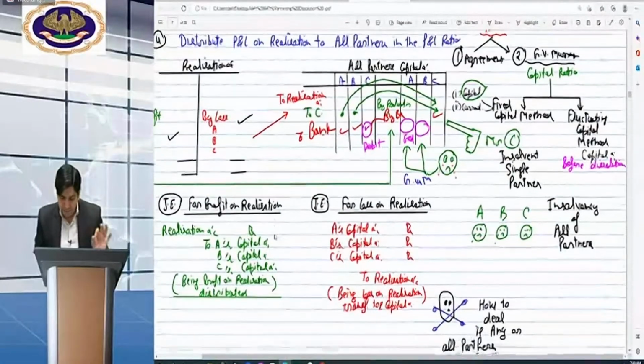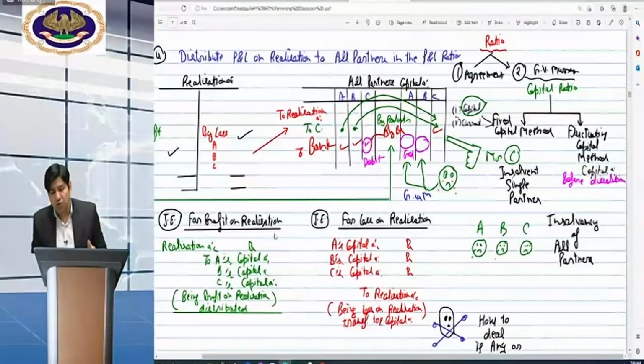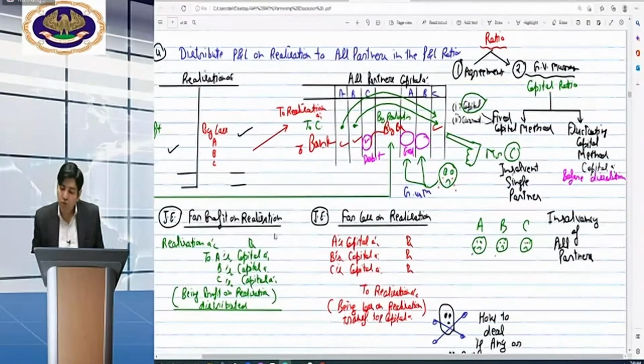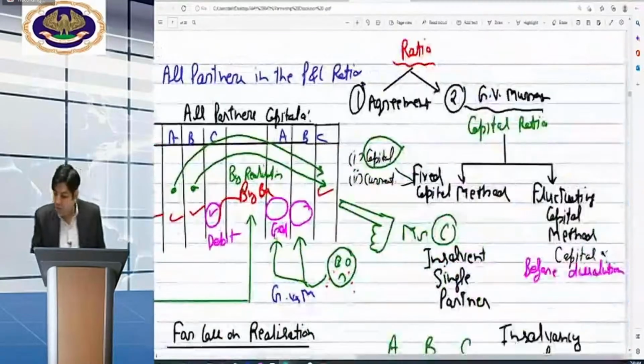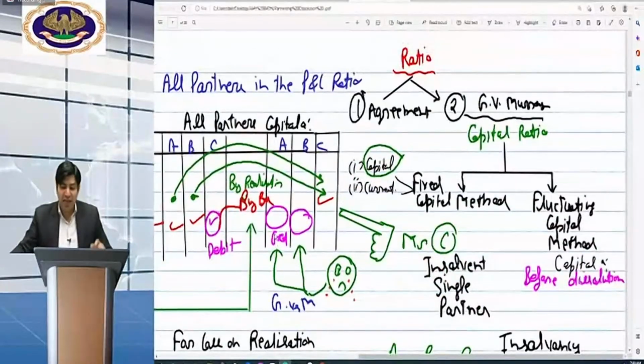And the problem will arise only when there is a loss and someone is not able to bear the loss, the insolvency of a partner. Okay, beta. So someone was asking what if nothing was given in the agreement. I already told you that the doubt will be solved in the further discussion because that belongs to the further discussion.